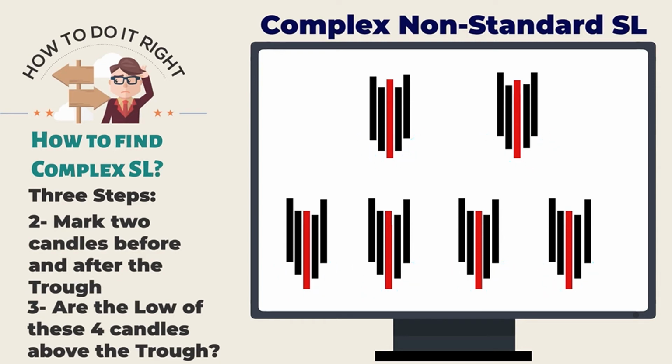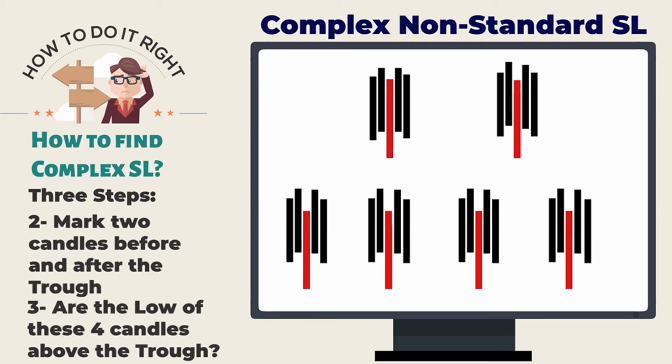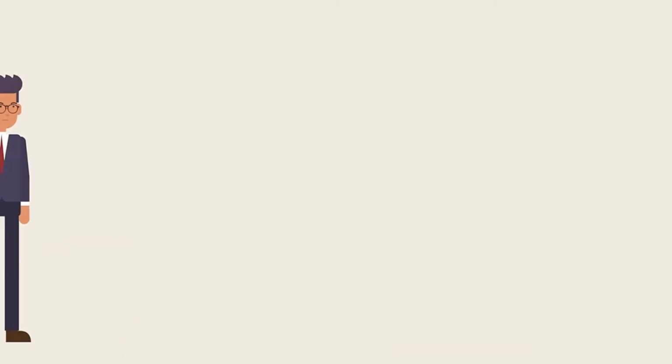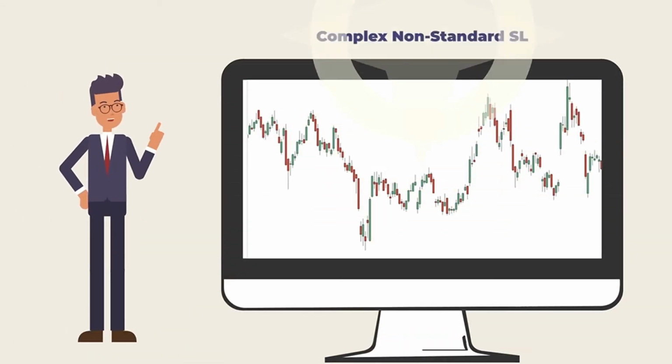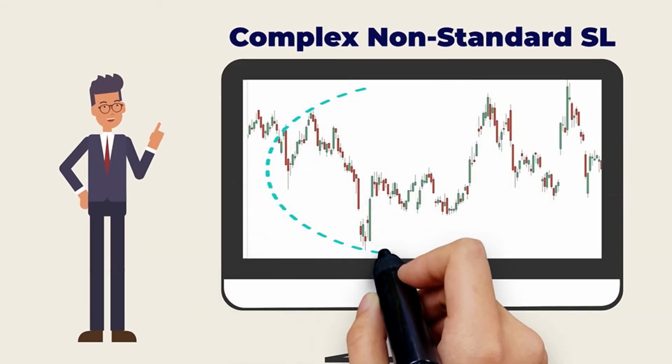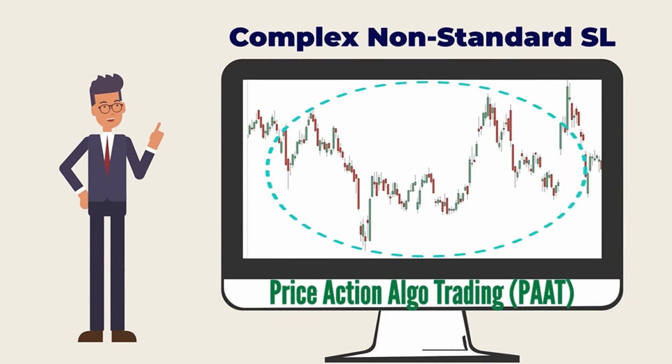This is regardless of the order of candles, as you can see in these examples. So, let's practice identifying some complex non-standard swing low turning points on price charts next.